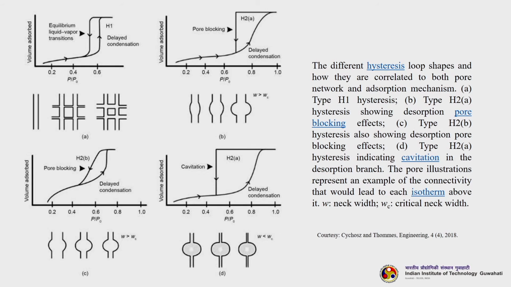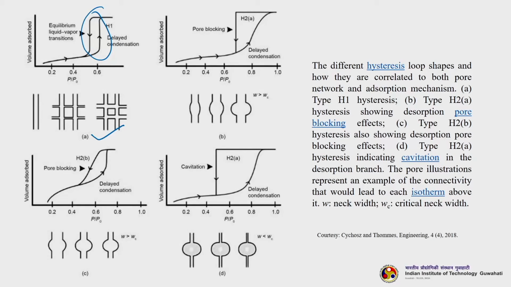So, here again a little extension of our earlier slide. If you see, this A is type 1, H1 type of hysteresis, where the pores are very uniform. So, you can have a delayed condensation. Here the hysteresis curve looks something like this.